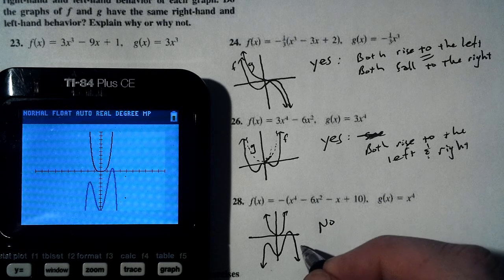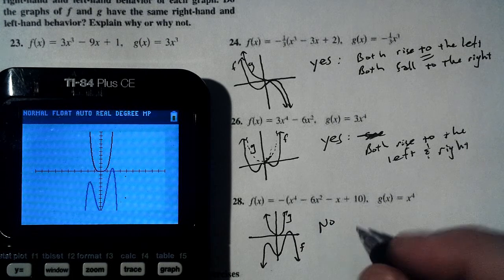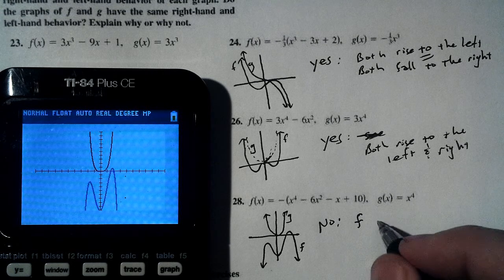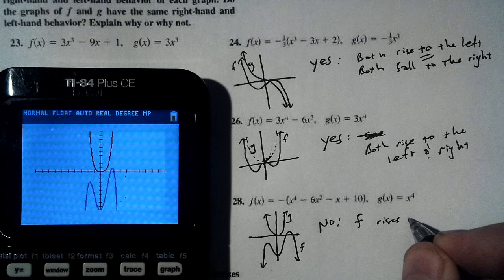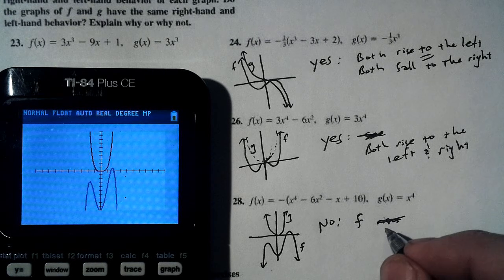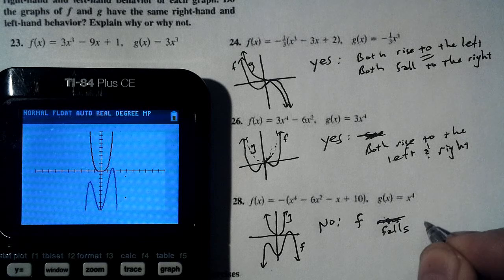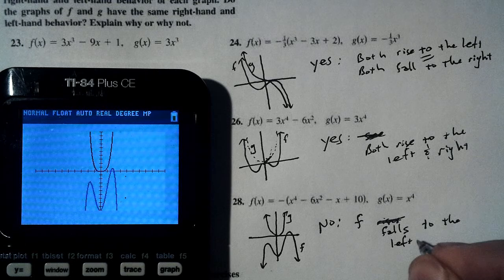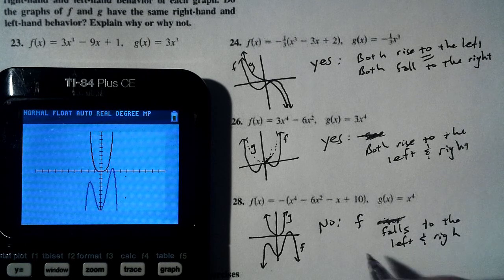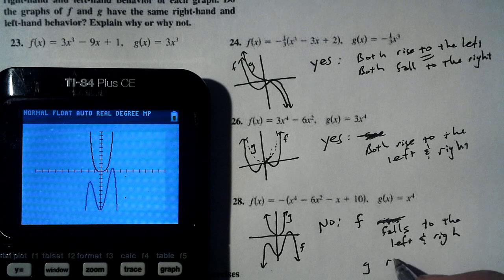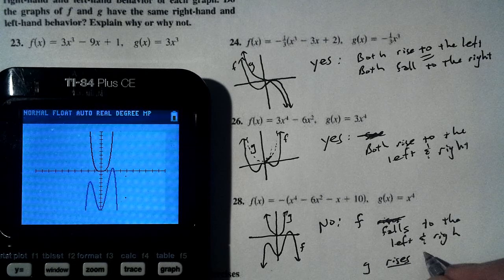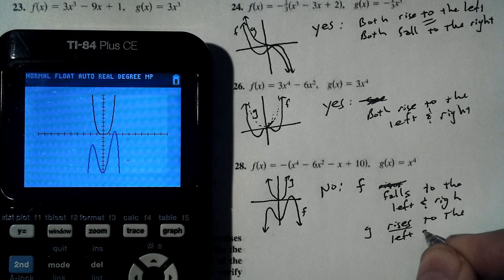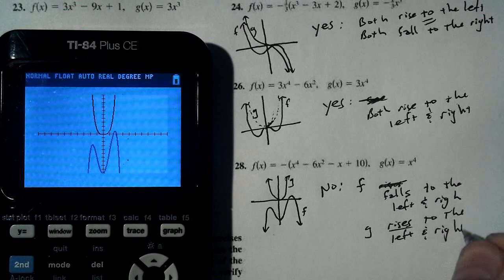First graph is F, the top graph is G. Let's go F rises, or nope, F falls to the left and right, but G rises to the left and right.